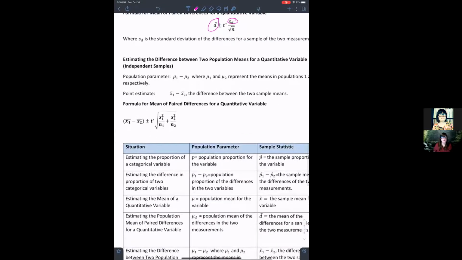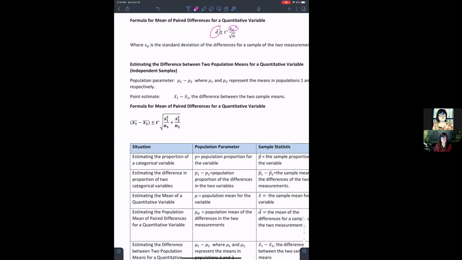Finally, you have your two population means. Some of those examples I had before could have been done as two population means. So oftentimes with the drug one, you have the people taking the drug versus the people taking the placebo, and you don't pair them up, you just have two sets of people.